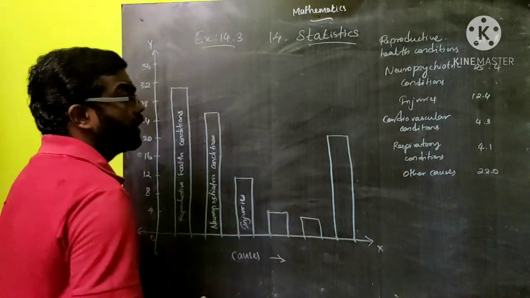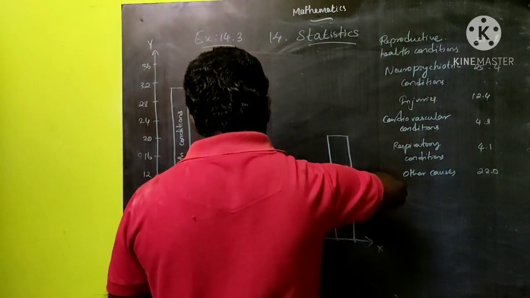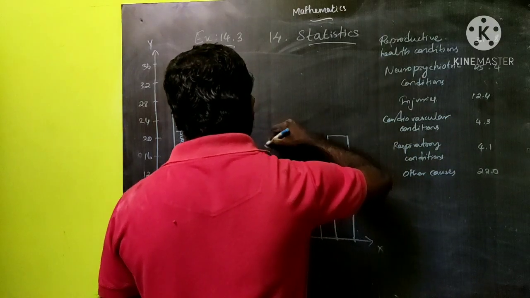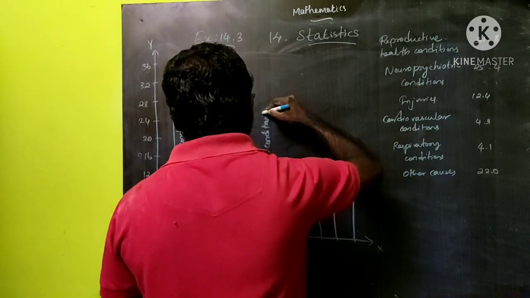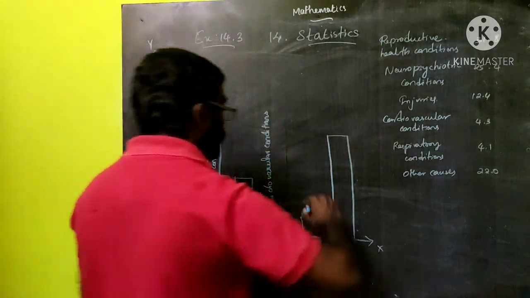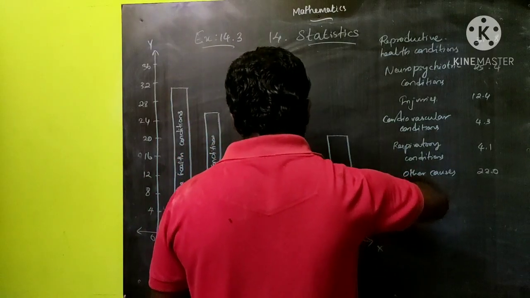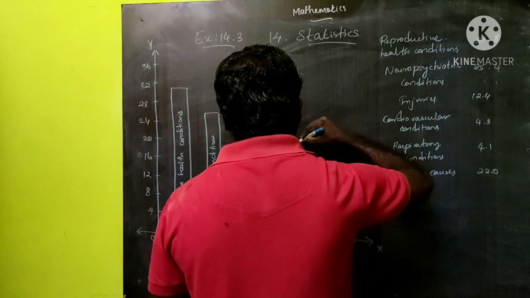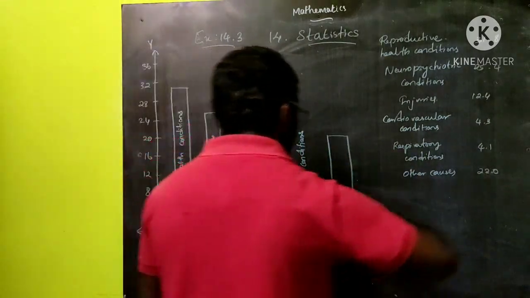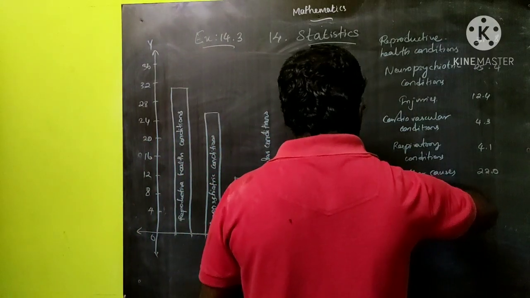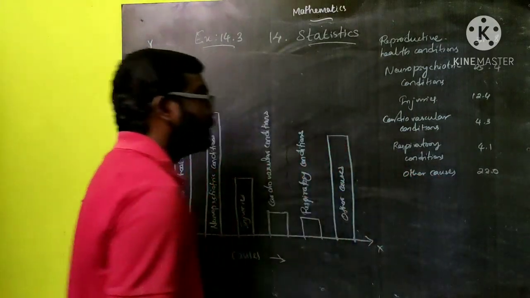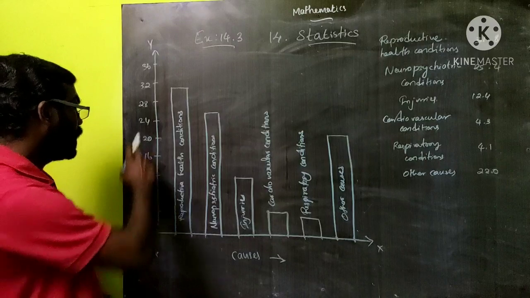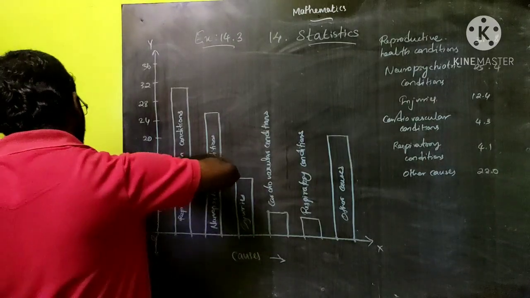Next we can write outside, cardiovascular conditions. Next is respiratory conditions. Next is other causes. So this is the bar graph for the given data. Here also we can write female fatality rate.